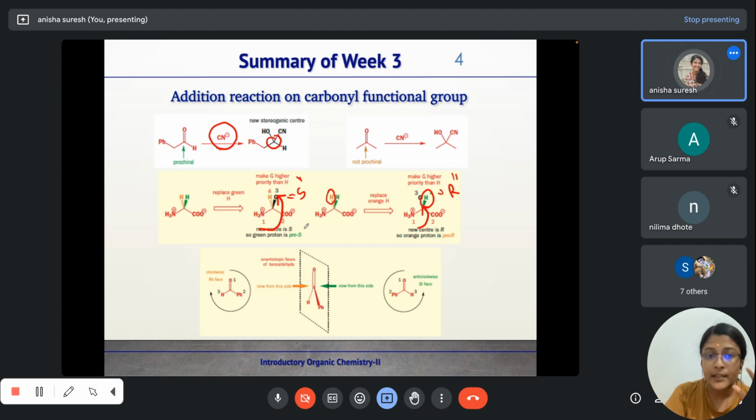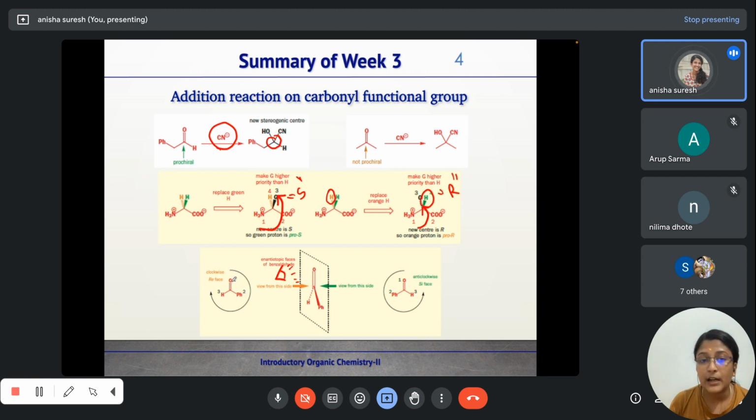Now we will see the enantiotopic faces of benzaldehyde. So if we are viewing the compound from this side, like this, the carbonyl will be coming on this side, and this proton will be coming towards our left hand side, and phenyl will be coming towards our right hand side.